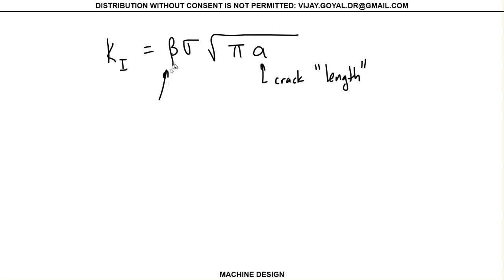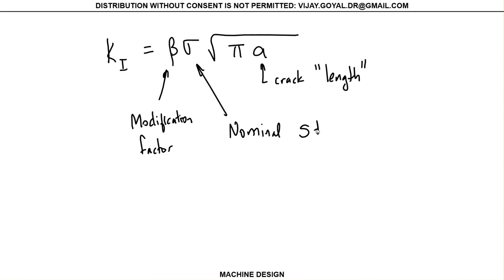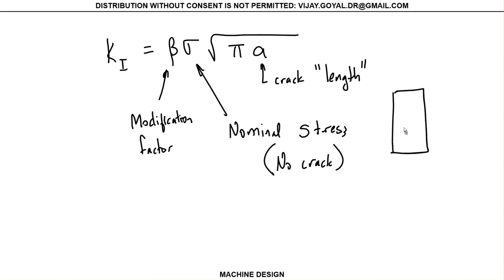This is the modification factor. I will explain that in the next chart as well. This is your nominal stress, the nominal stress with no crack. Just think about it as if I don't have any crack present. As an example, I have a plate with a center crack, and I'm pulling.